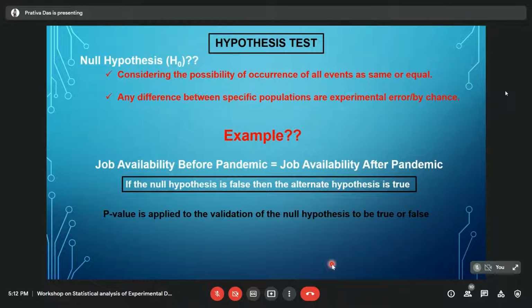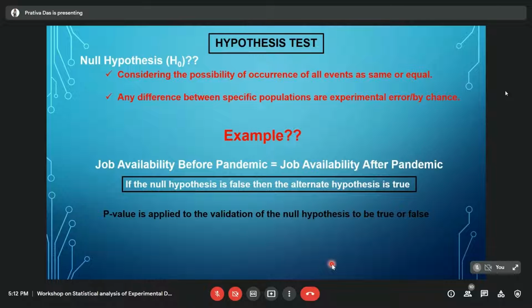And any difference you get from a certain population could be just by chance or by some experimental error. For example, we consider that the job availability before the pandemic is equal to the job availability after the pandemic. This is my null hypothesis.